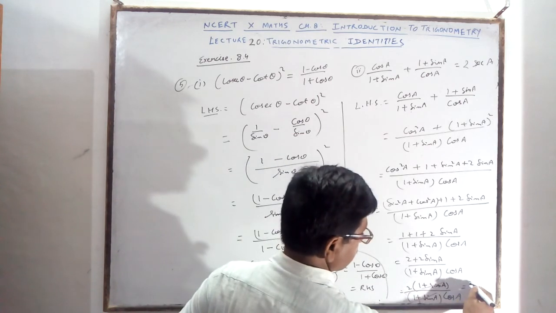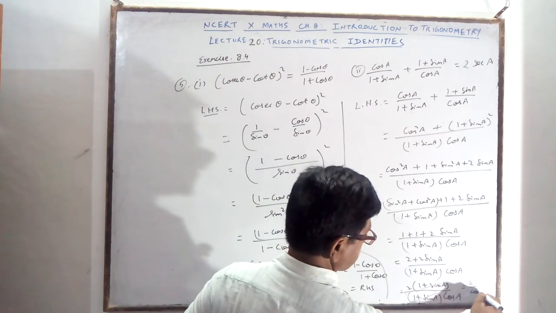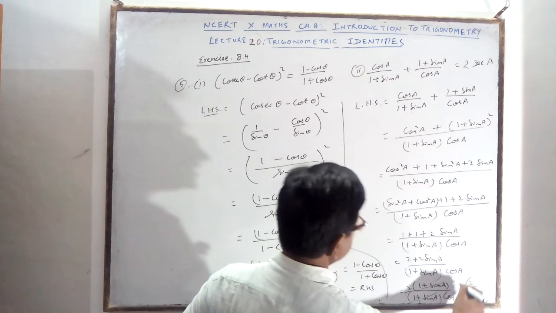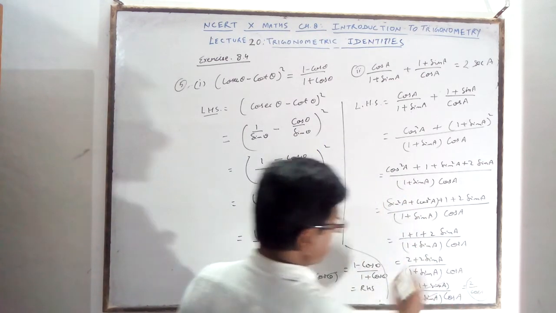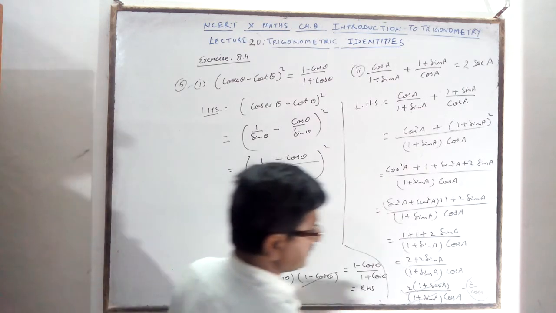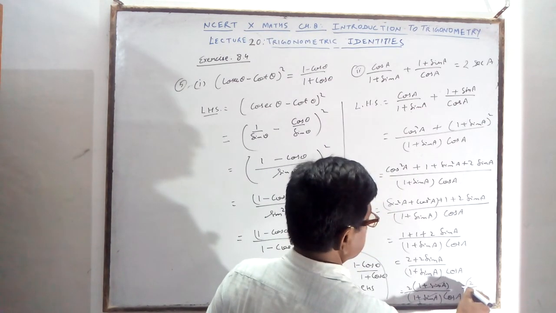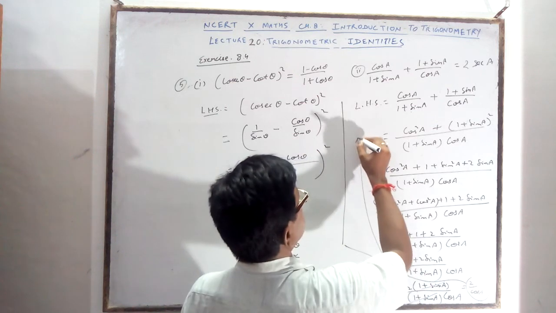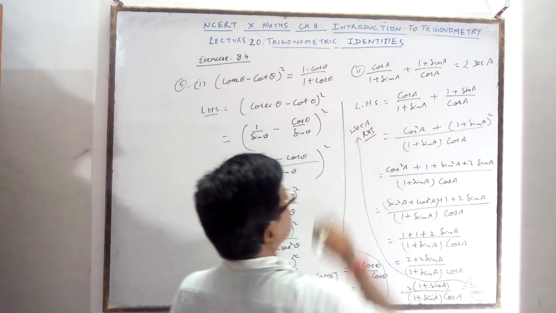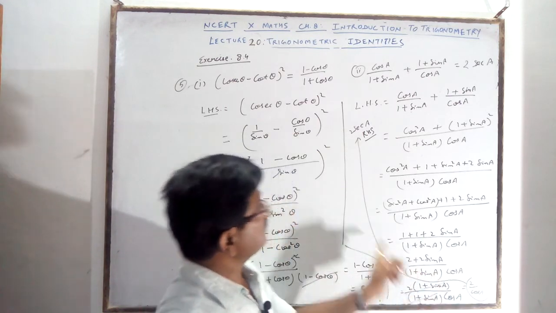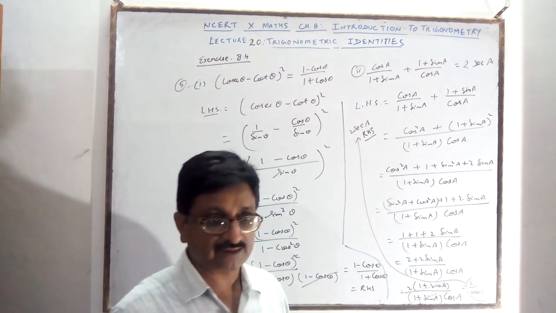It is left 2 upon cos A, and 2 upon cos A is equal to 2 sec A. You can write this in this place: 2 sec A. That is the RHS. 1 upon cos is sec, so 2 upon cos is 2 sec.